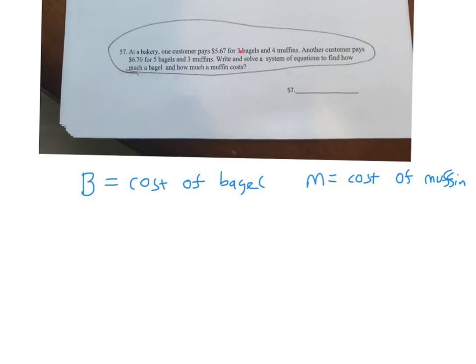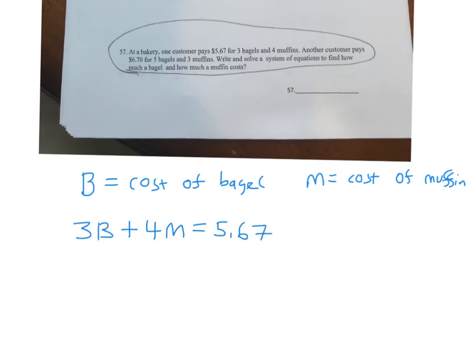So we're going to say B equals cost of a bagel, and obviously M is going to be cost of a muffin, right? And as far as these kinds of problems go, we know that 3 times whatever the cost of a bagel is, 3 times B, plus 4 times whatever the cost of a muffin is, that's going to total $5.67.